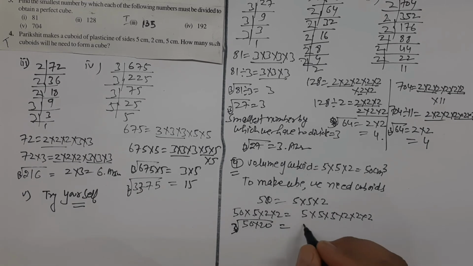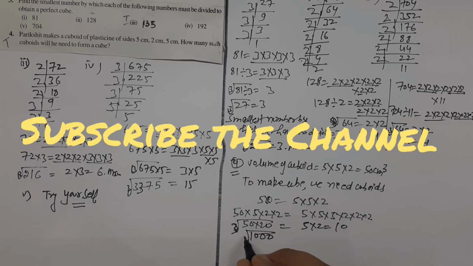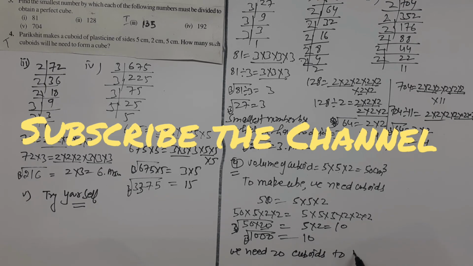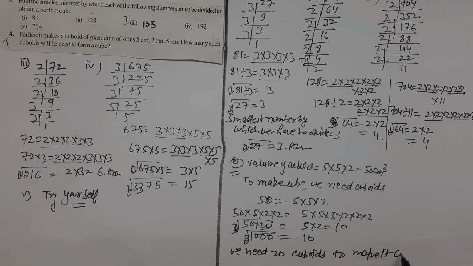Cube root of this number is 10. So we need 20 cuboids to make it a cube. Thank you.